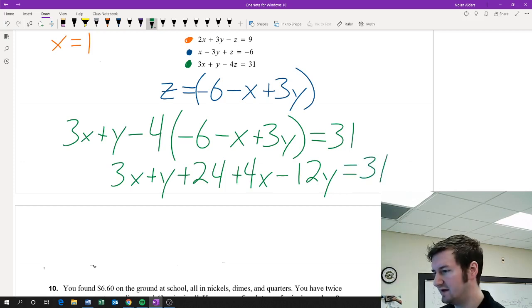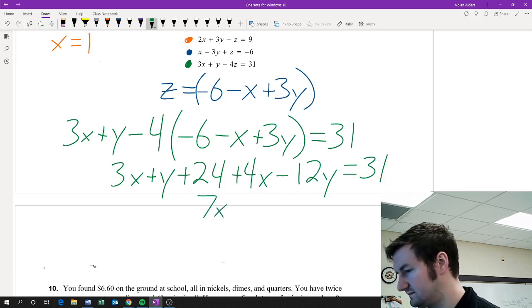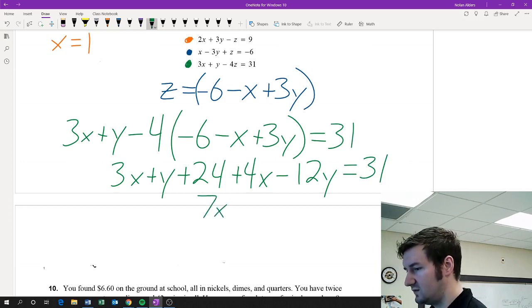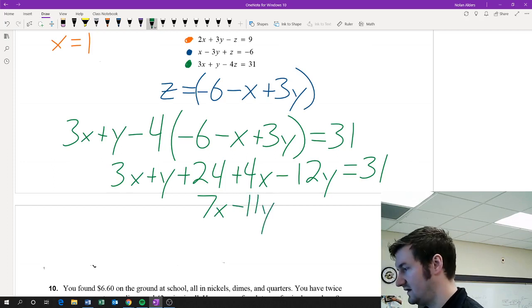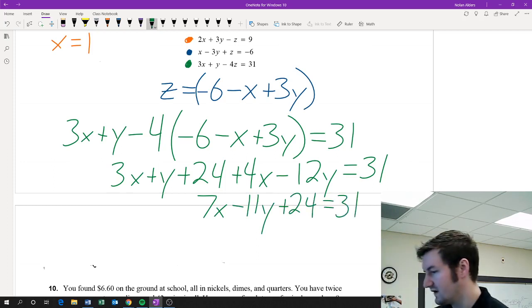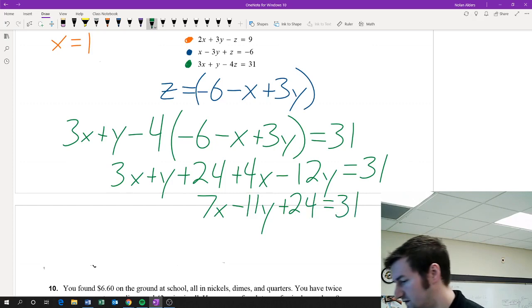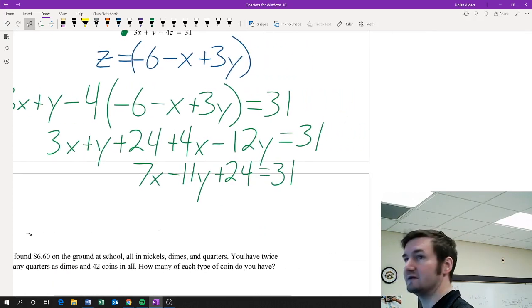Okay, let's combine terms. 3x and 4x is going to be 7x. y and negative 12y is going to be negative 11y. And then plus 24 equals 31. We could subtract the 24 over, so we could get this to be a little bit simpler.